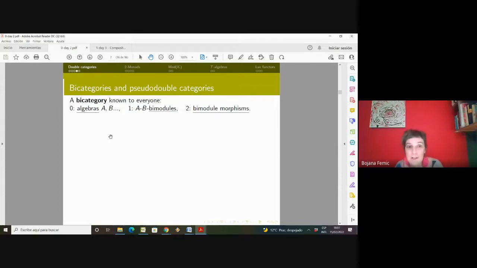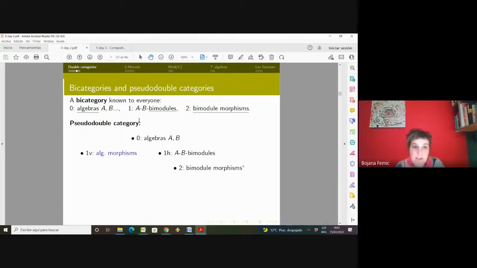It incorporates this other type of morphisms that in a bicategory of bimodules remain neglected. So here comes the corresponding pseudo-double category. As I told you, on this diagonal I put this bicategory. For 0 cells, I put algebras. For horizontal 1 cells, I put bimodules over these algebras. And for 2 cells, I put bimodule morphisms.